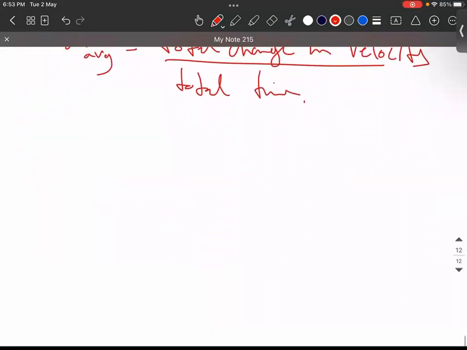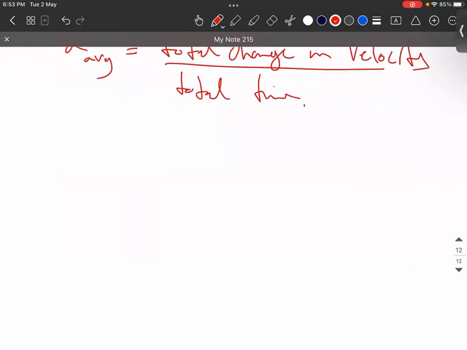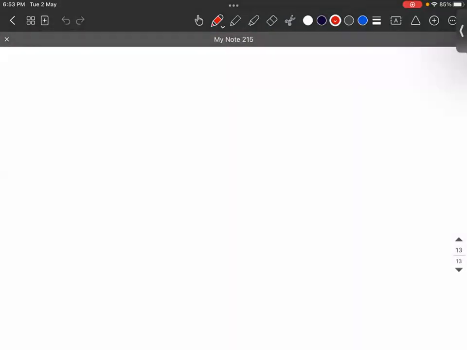No. 1.33 kilometer per hour? That's wrong.